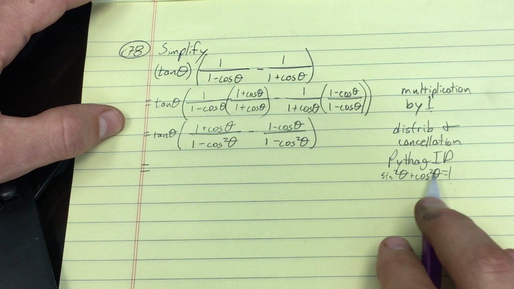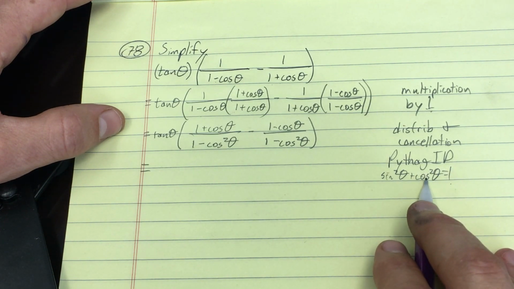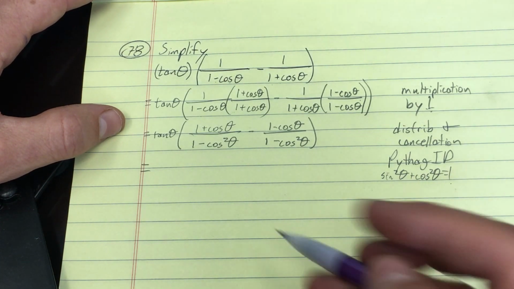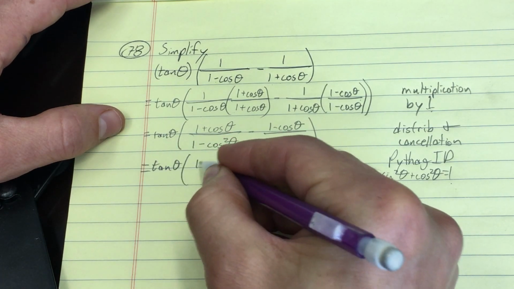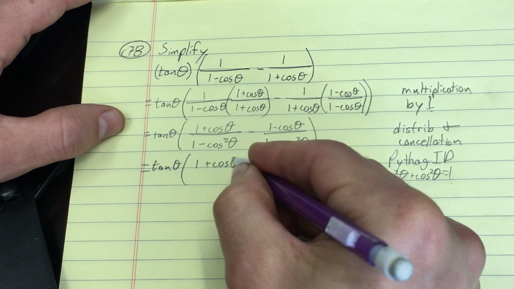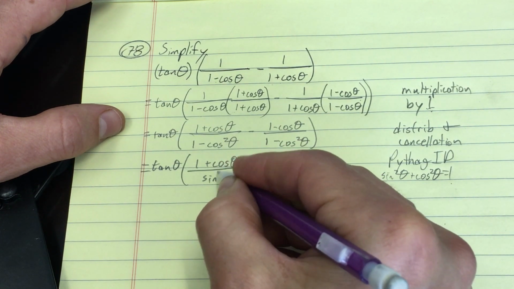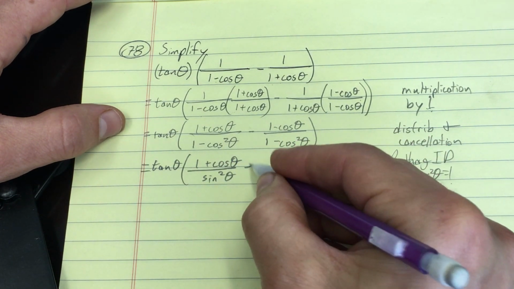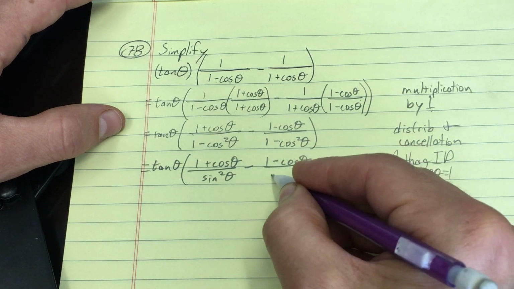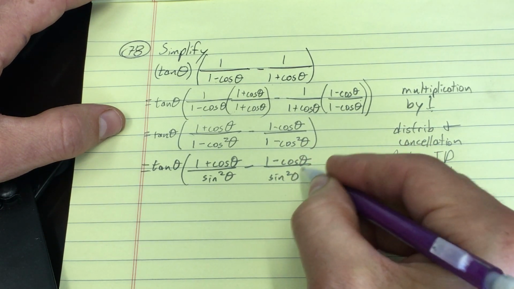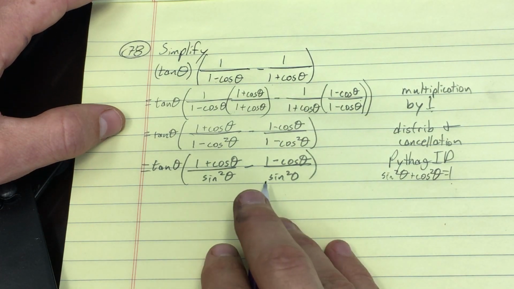But if you see 1 minus cosine squared theta, it's just equal to sine squared theta. Okay, so I've got tan theta times 1 plus cosine theta over sine squared theta minus 1 minus cosine theta over sine squared theta.